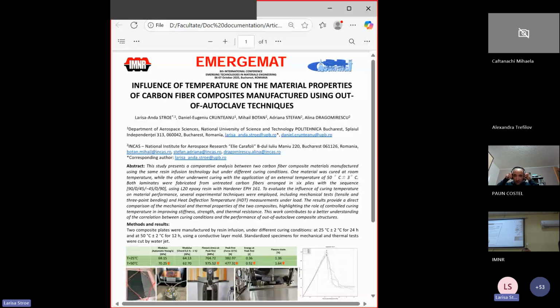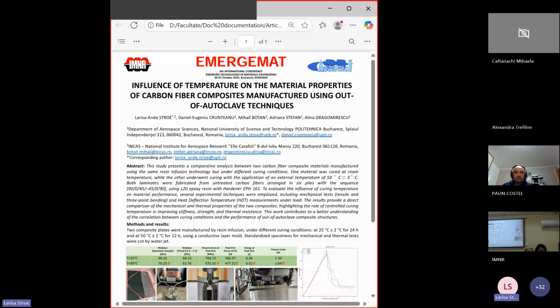Strength and energy absorption: the 50 degrees cured material outperformed the room temperature sample in flexural strength and energy absorption. We also had increased flexural stress from about 700 megapascals to nearly 1000 megapascals.